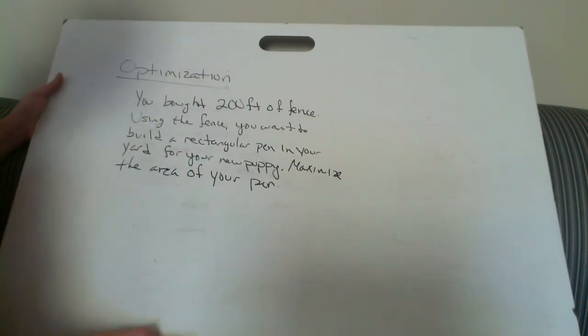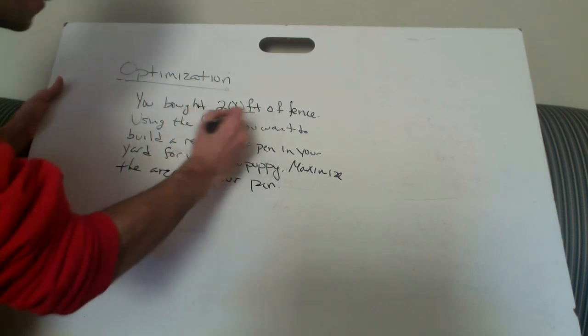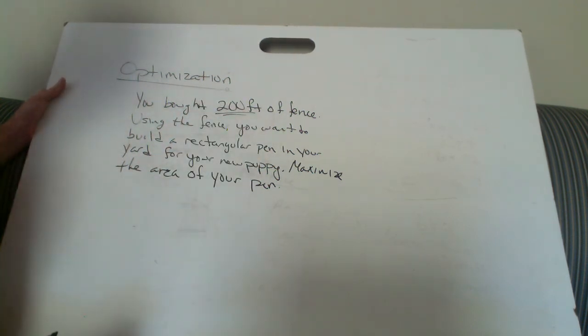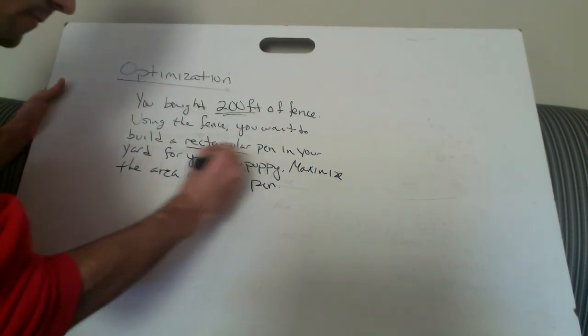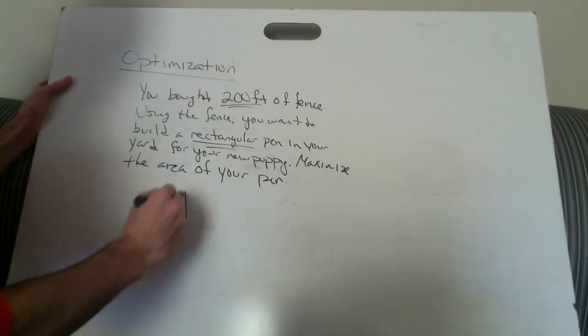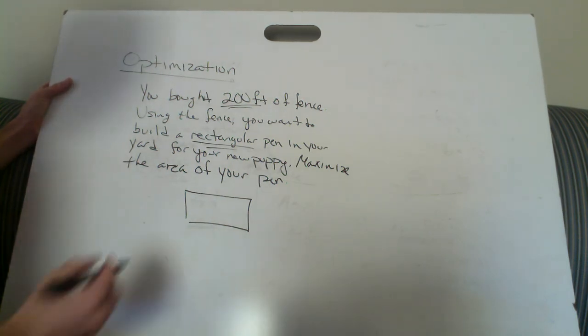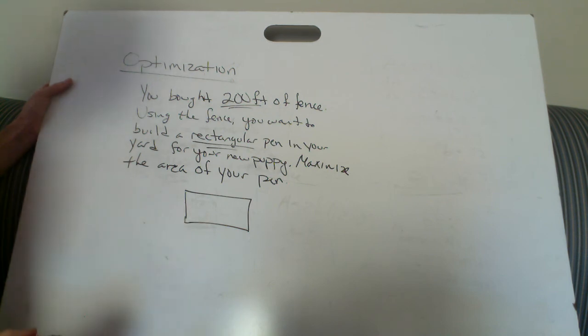Okay, great. So again, it's not immediately obvious what equations we should be using here. The only number we have is this 200 feet of fence, and the shape that we have is a rectangle. So again, I'm going to start by drawing a picture. There's my rectangle. Everyone loves it? Great. I know that in total, I have 200 feet of fence.